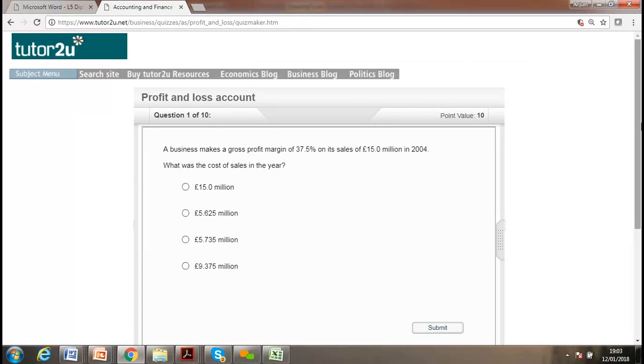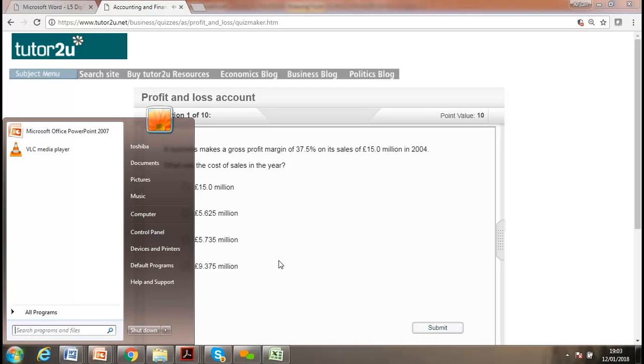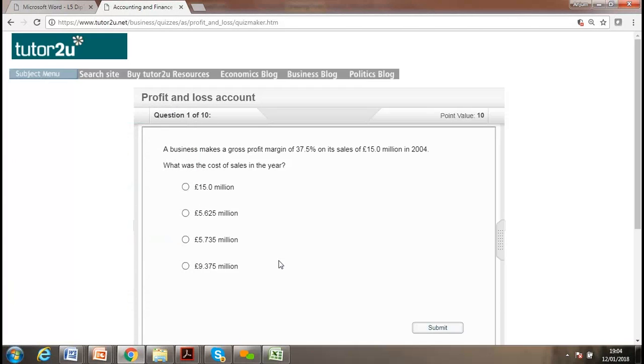Okay, gross profit margin means gross profit divided by our sales. So we have sales of 15 million, gross profit 37.5%. If I calculate 37.5, what figure will it become? Which one do you think is right?